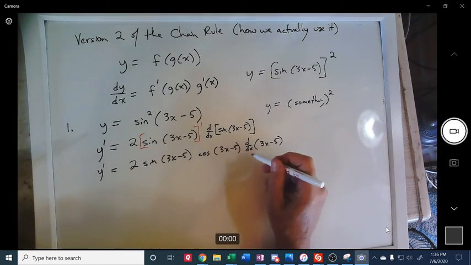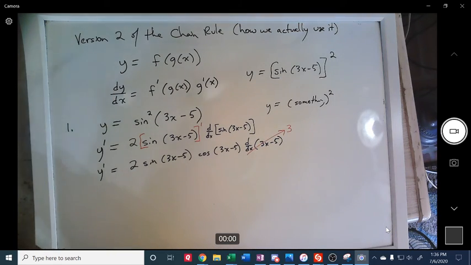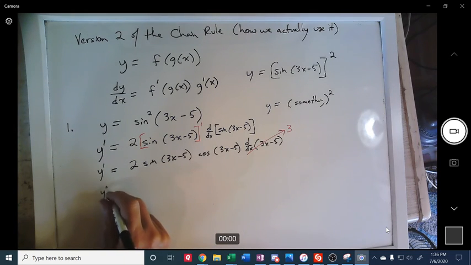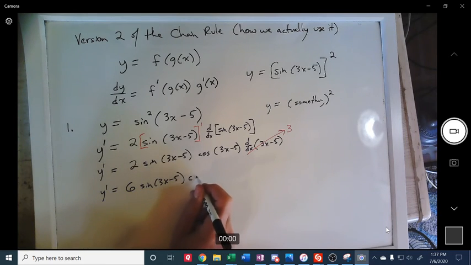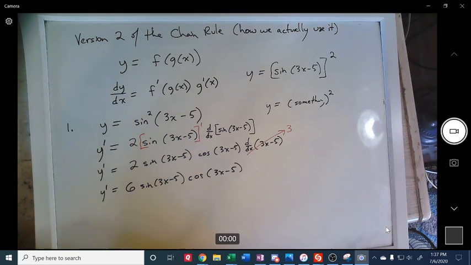Now the derivative of 3x minus 5 is 3. This 3 and this 2 are going to combine. It's going to be 6. And then sine, cosine. And that's it. We found our derivative.